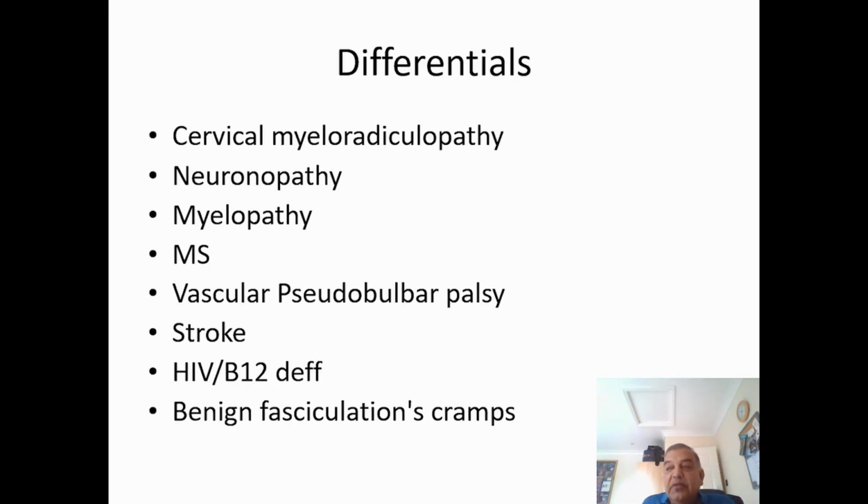There are differentials to consider, and it is a serious diagnosis. So before we offer this diagnosis to patients, it's extremely important to be very sure.